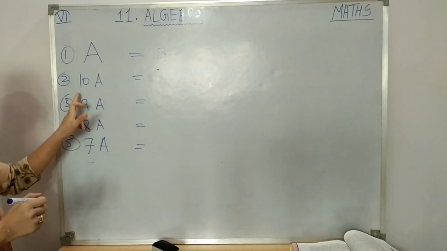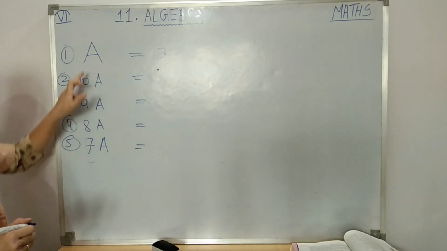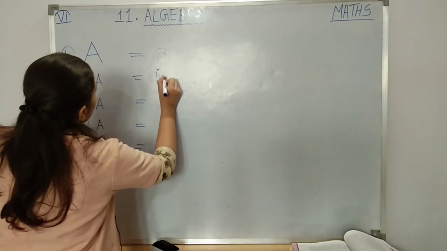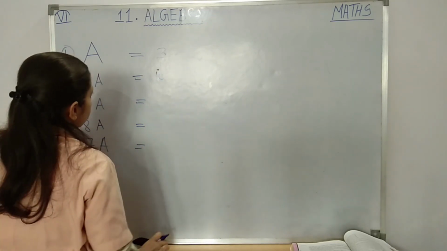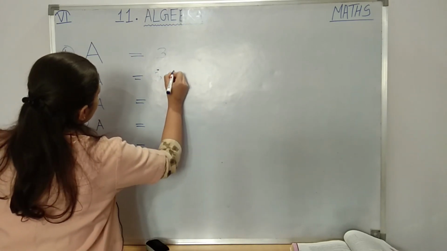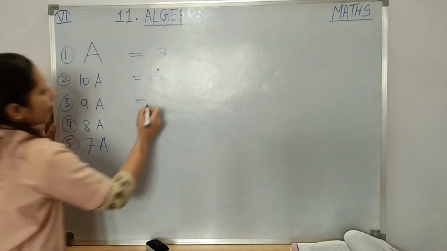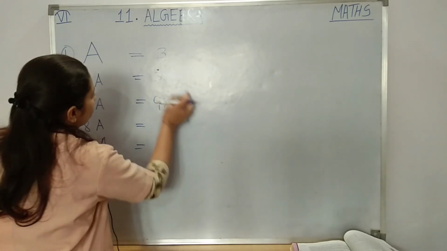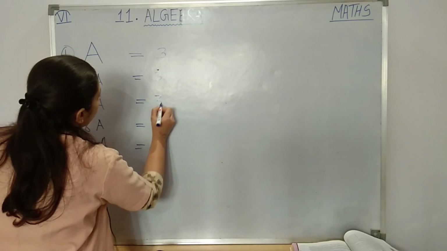Number of matchsticks used for making 10 A's. For 1 A, 3. Then for 10, 3 into 10, isn't it, students? Then for 9 A's, 3 into 9.